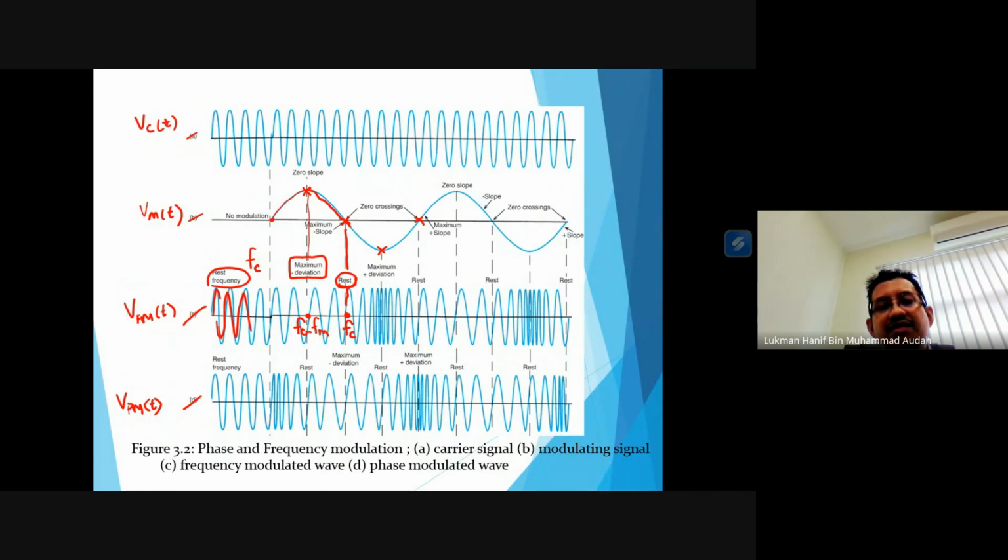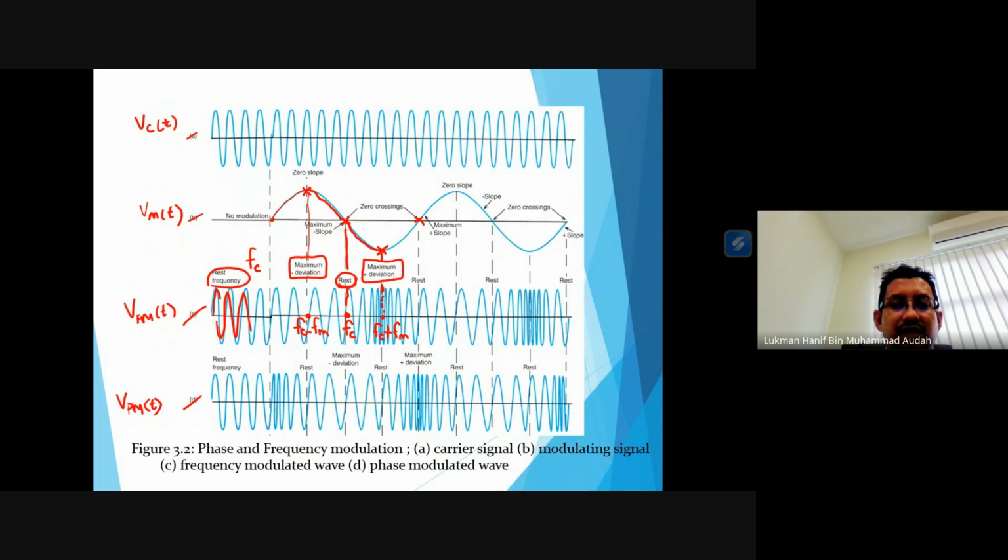Then the input signal moves again towards the negative peak amplitude. The output would be at maximum positive deviation, which means the carrier signal would be at maximum frequency, Fc plus Fm.